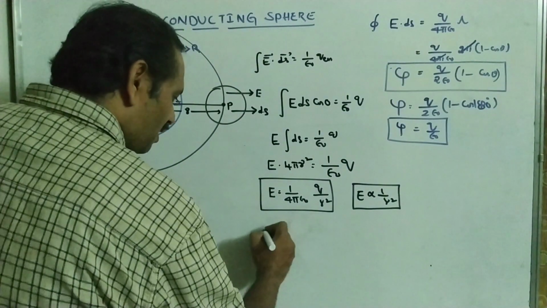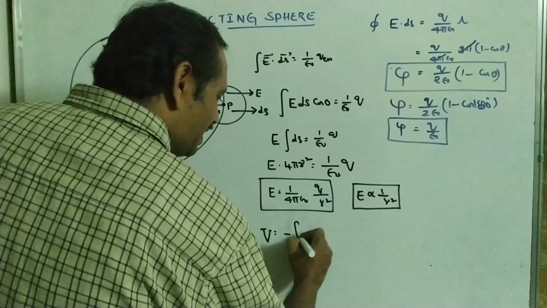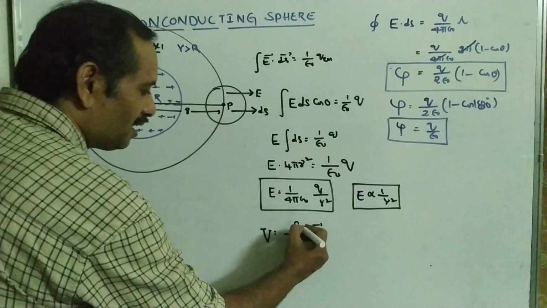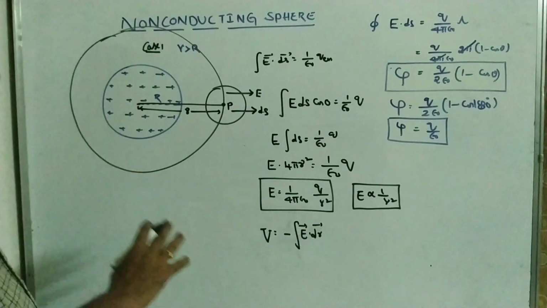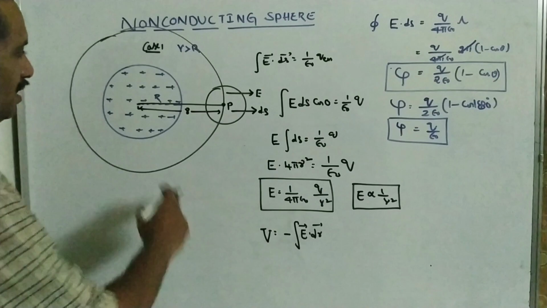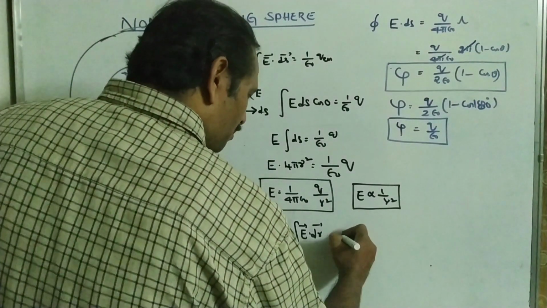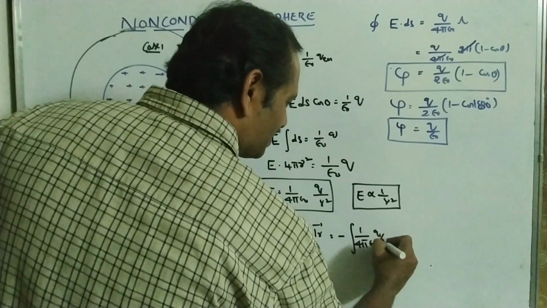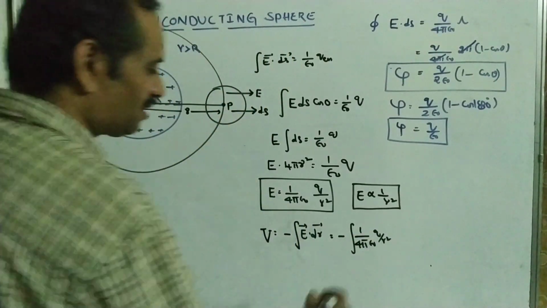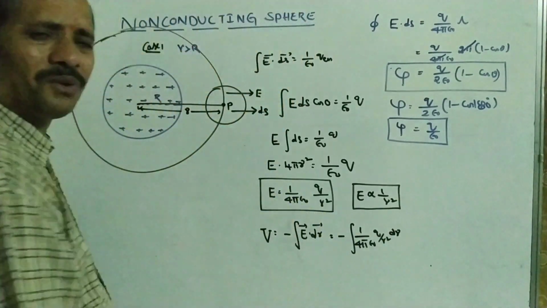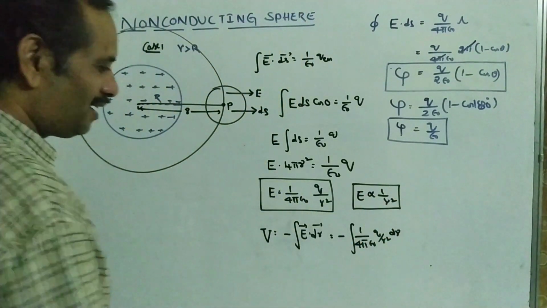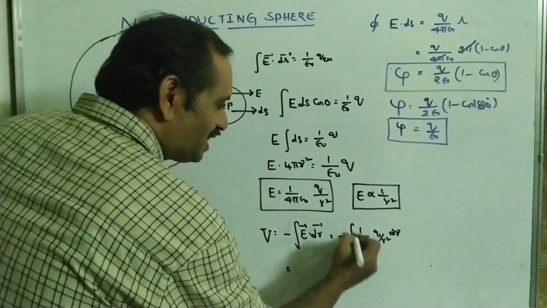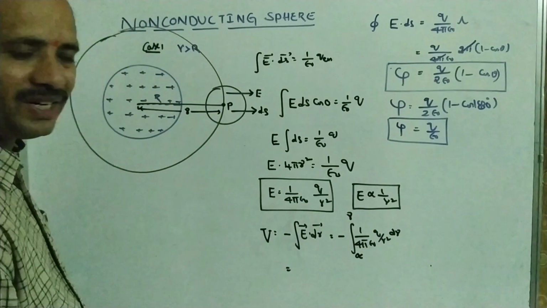Potential V equals minus integral E dot dr. Substituting E, V equals minus 1 by 4 pi epsilon 0 Q by r squared dr cos 0, and we integrate from infinity to the point r.